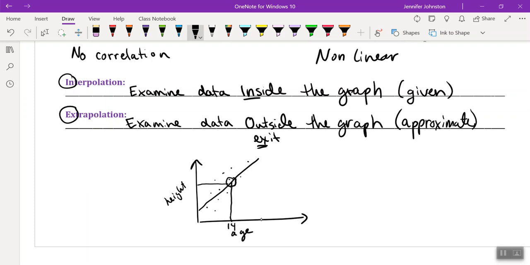But let's say this graph only went up to when you are 20, right? And then I'm asking, well, how tall are you going to be at 30, right? So technically you would have to extend the line of best fit, and that is what we call extrapolate. So you would guess.